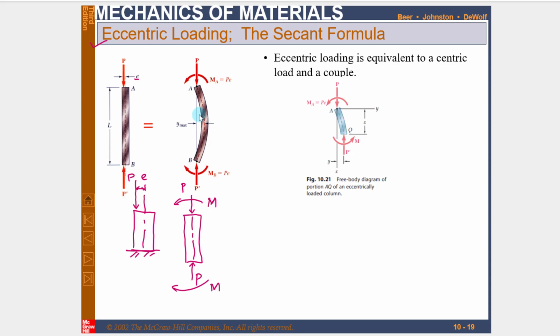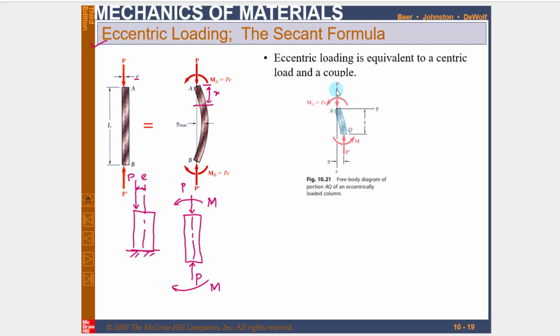In order to analyze the effect of this centric axial load and the couple produced due to the eccentric load, we observe a section of this column. Let us take this section at a distance of X from point A. That is also represented over here.